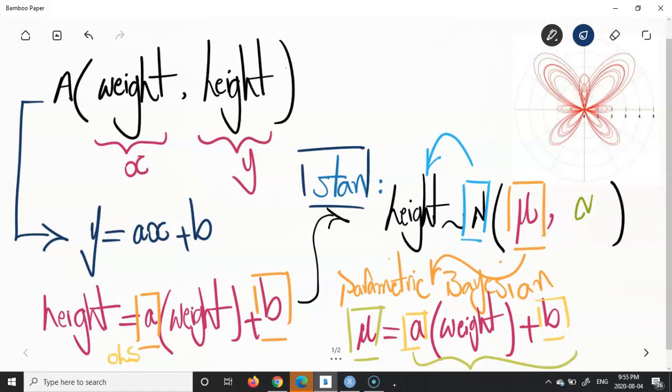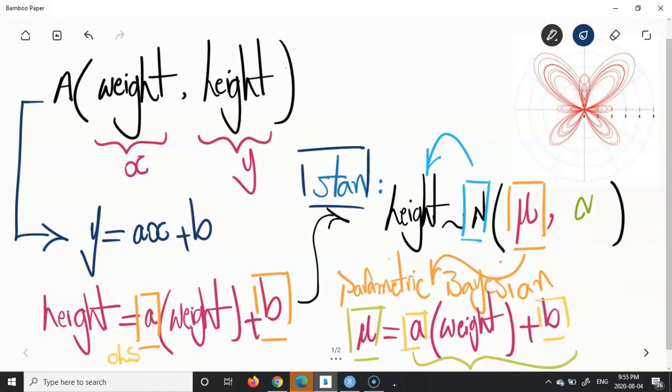In the model, normally we come with a clear-cut value for the sigma. However, for the mu, we define it as a parameter. That's why the method is called parametric Bayesian.